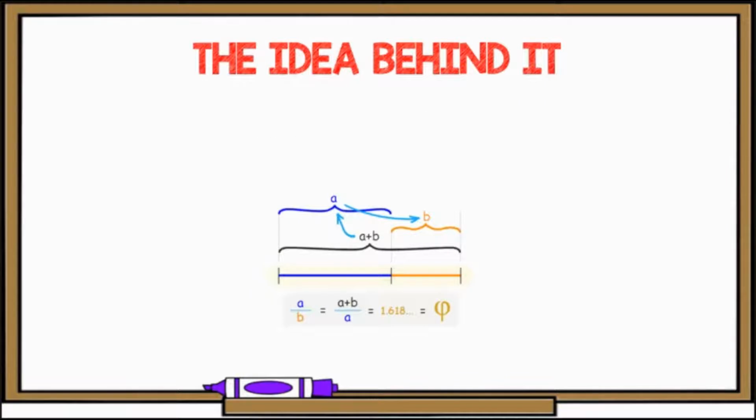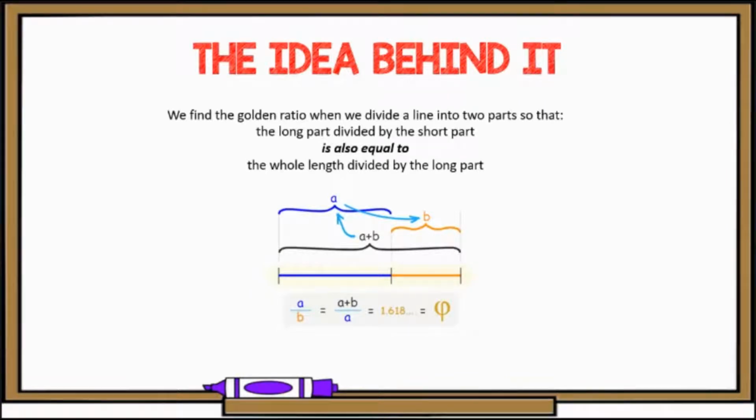So the idea behind it: we find the golden ratio when we divide a line into 2 parts so that the long part divided by the short part is equal to the whole length divided by the long part. Okay, let's study this figure.